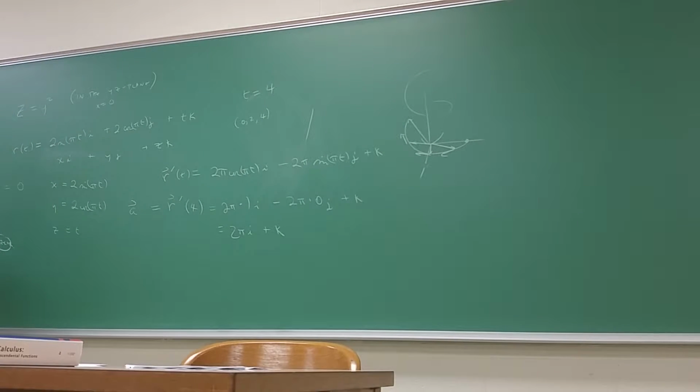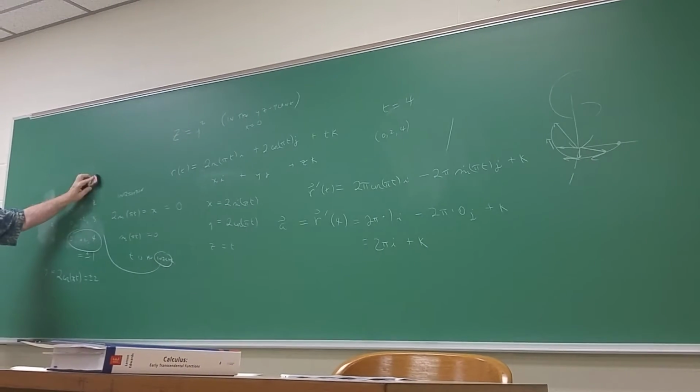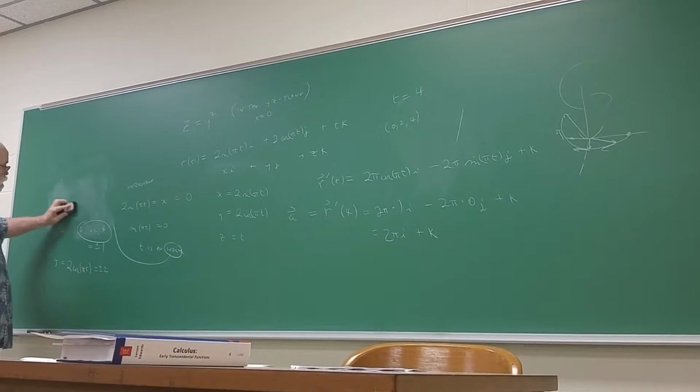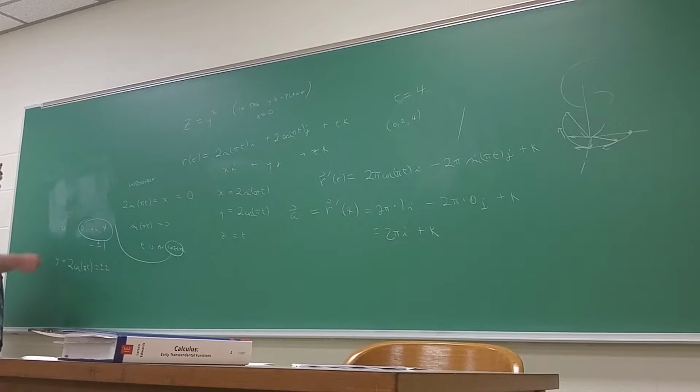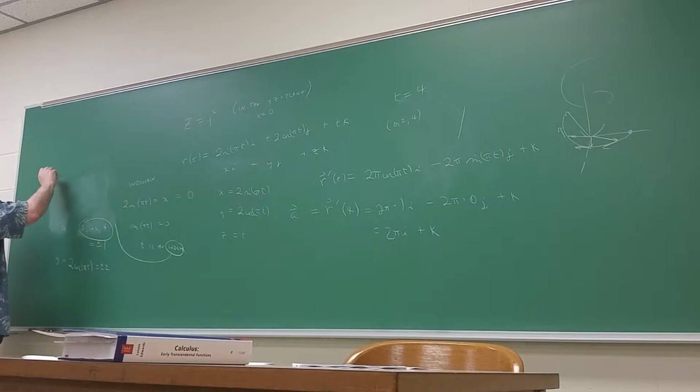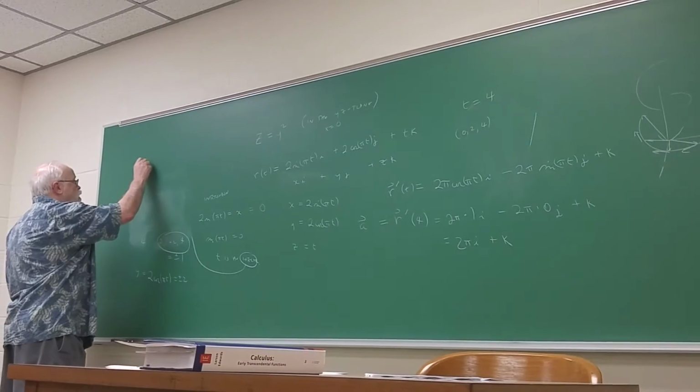So I want to get a parameterized curve for this one. How can I parameterize this? And hint, it's a function of y. Z would be t squared.